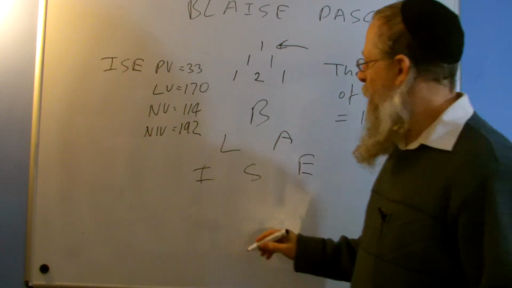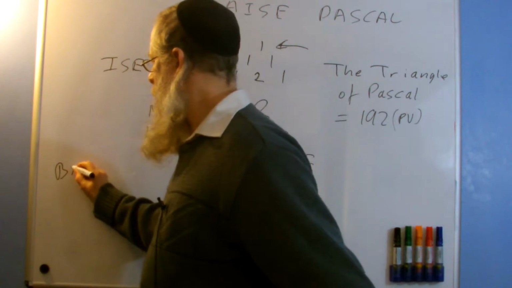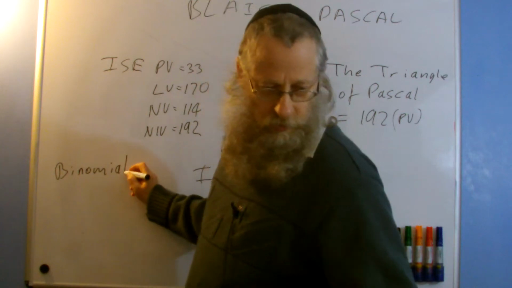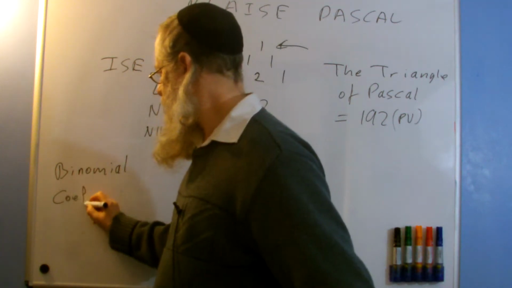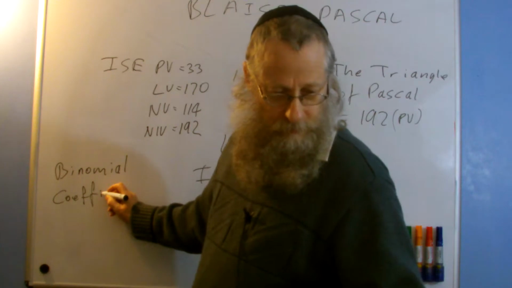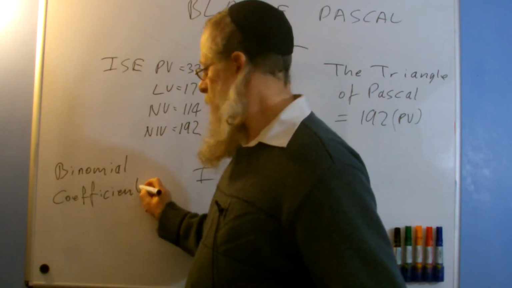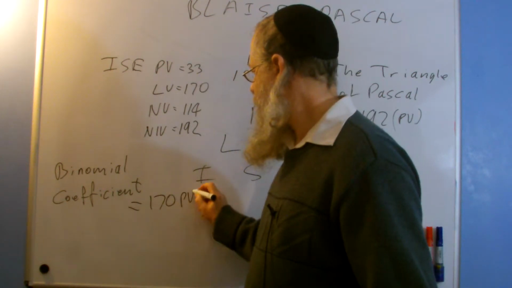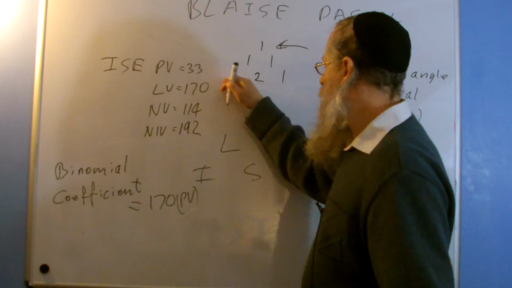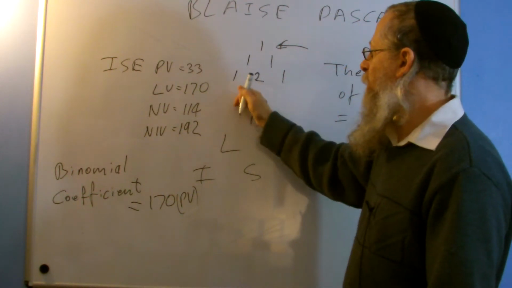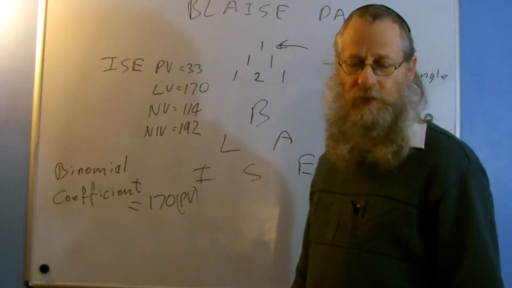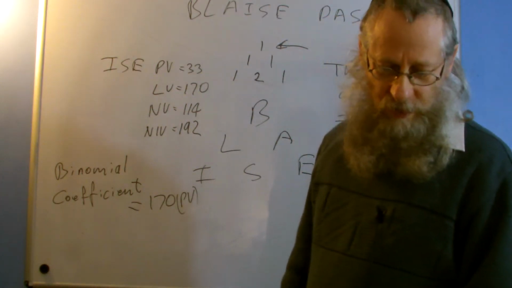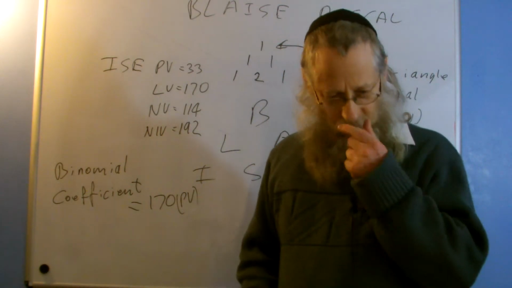Then we have a connection with the words binomial coefficient, and that has a placement value of 170. So remember the binomial coefficients 1, 3, 3, 1, they are the binomial coefficients, but this gives each one of these as a coefficient of the binomial expansion of those brackets.